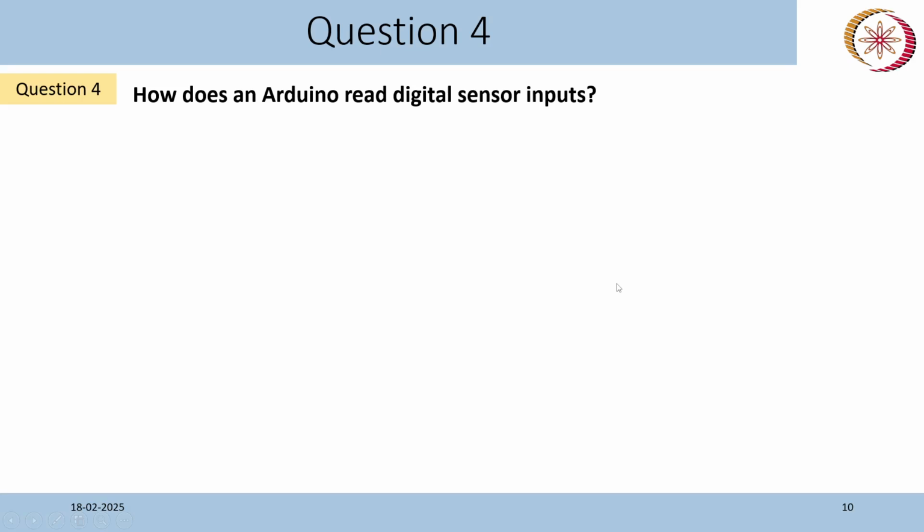So I will write a few functions which will be used when you interface a sensor with an Arduino board, or an actuator like a stepper motor with an Arduino board. So the first function is digital read. It is written here.